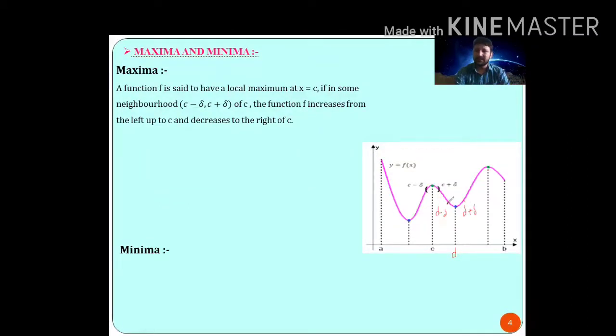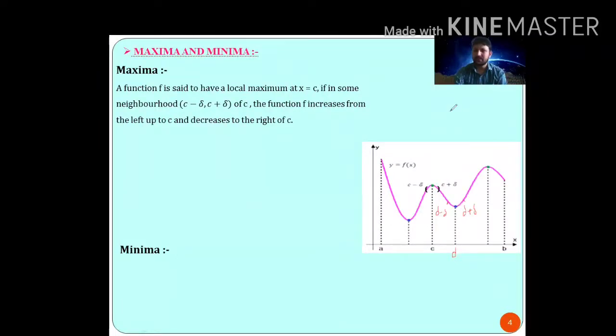In the interval D minus delta to D plus delta, check from the left hand side of point D: the function decreases from D minus delta to D, and from D to D plus delta the function increases. So initially the function decreases and then increases. So that point is said to be a point of minima.